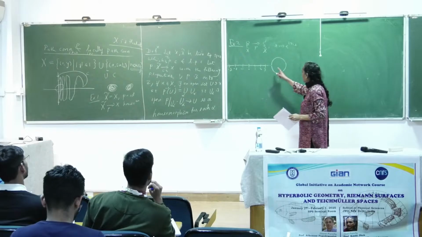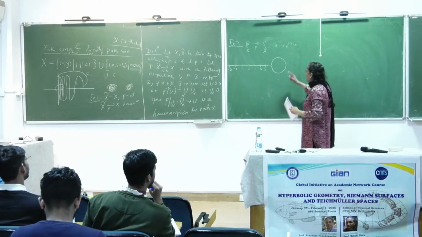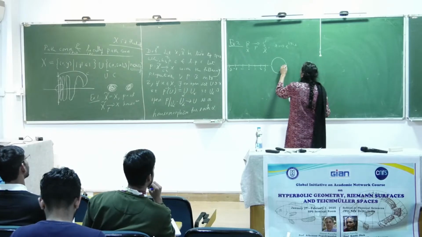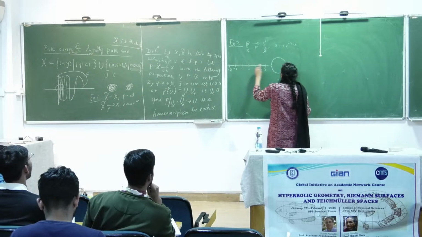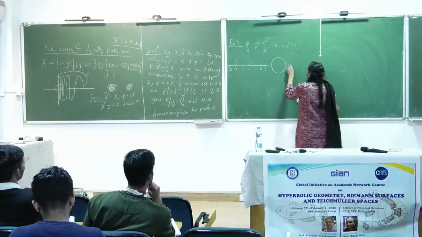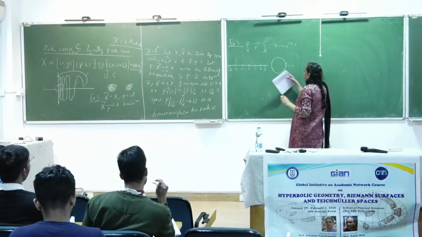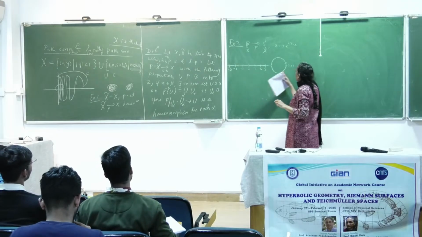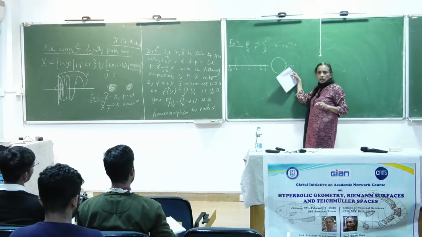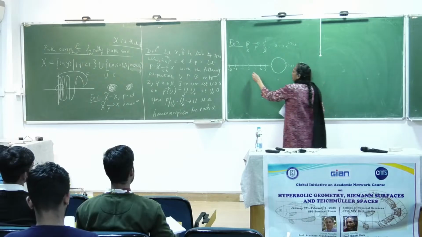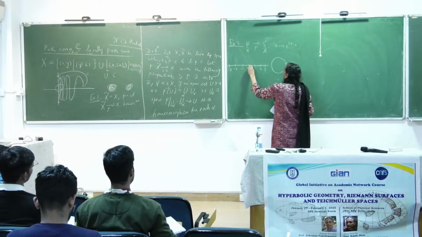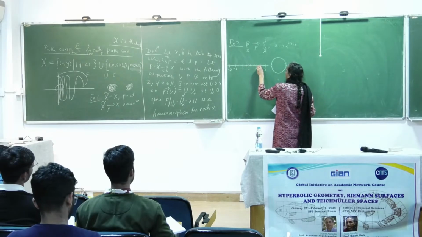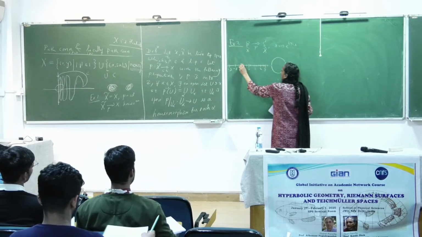For any point, let's say here, if I take a small neighborhood, see this is (1, 0) on the circle. So e to the power 2 pi i r, where r is an integer, goes here, right? And so any small neighborhood's inverse image will be around these integer points.